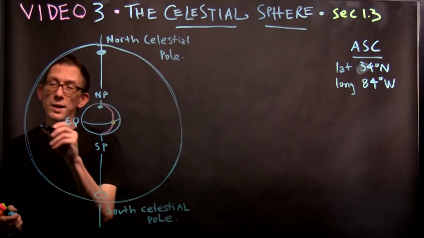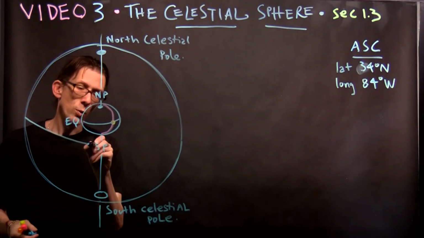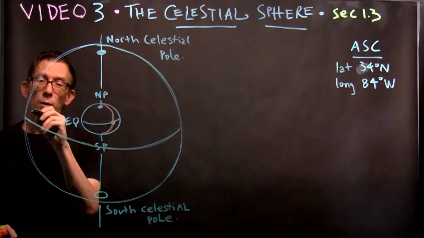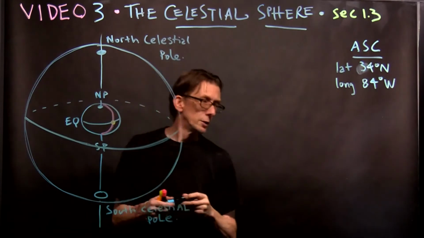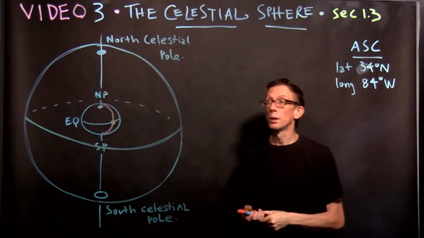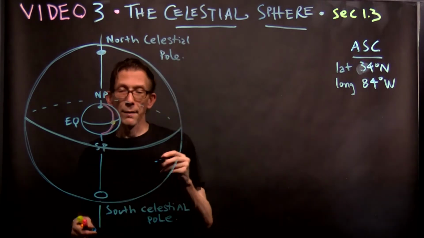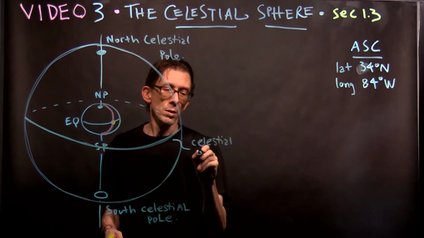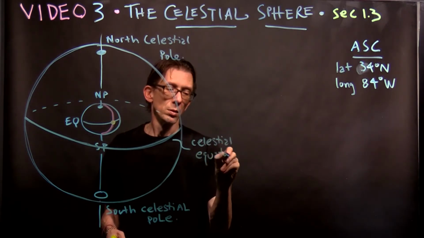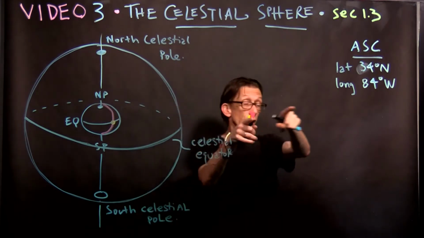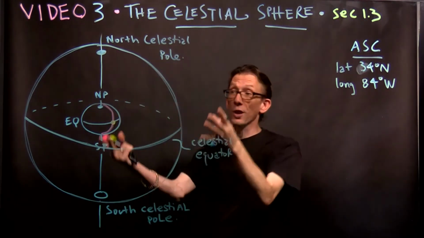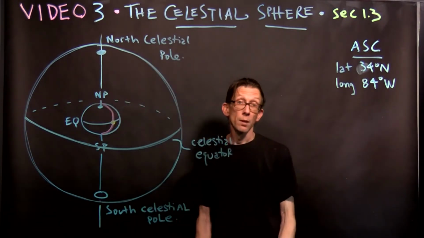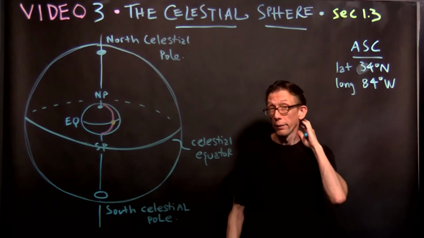We also have a celestial equator, which I'm going to draw right through the SP there. And it goes back around the back like this. Okay, so what we have here is a nice big sphere with the North Pole, a South Pole, and then we have the celestial equator, which is a big circle that goes all the way around the celestial sphere, and it's sort of an outward projection of the terrestrial equator, which we just call the equator.